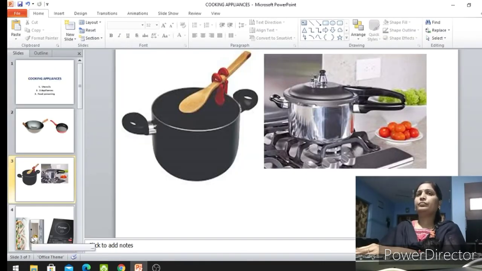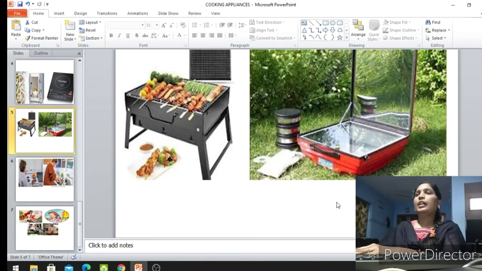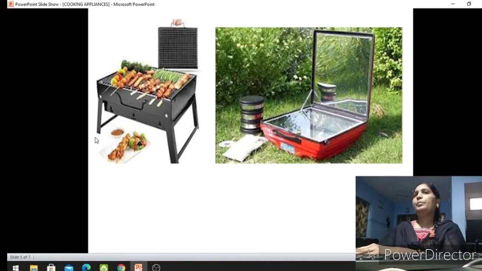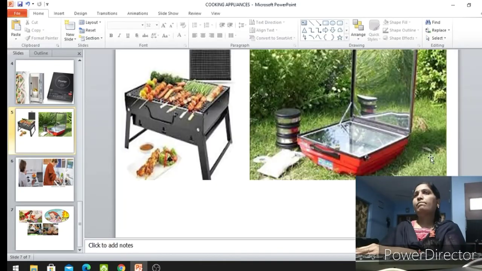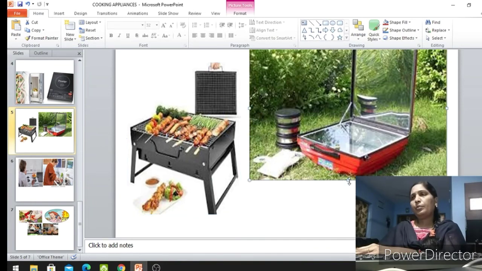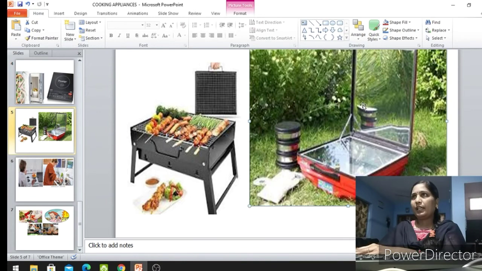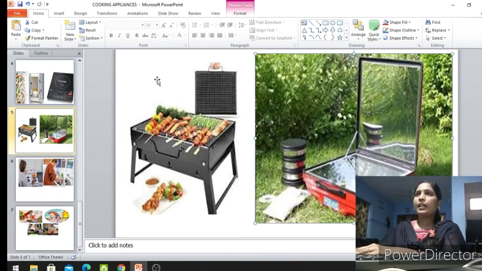And the next one is the other two appliances we'll see now. The other appliance is this grill. Yesterday you learned about the grilling method. Cooking directly on fire is called grilling.